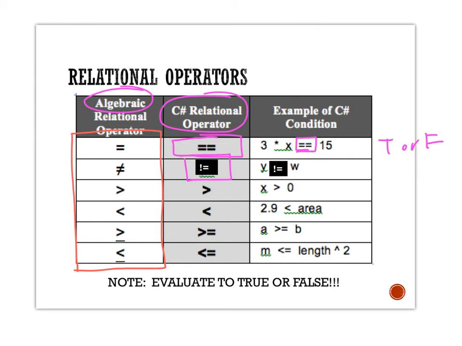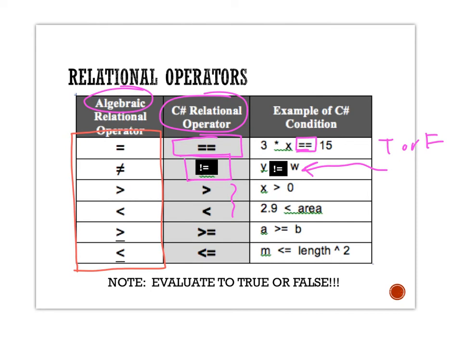So what this statement is saying is it's checking to see if something is not equal. And that exclamation point essentially is the word not. So if you look at that statement on the second line in the third column right here, this is checking to see, is y not equal to w? And if y is anything else but what w is, that statement will return true. However, if y and w are the same thing, that statement will return false.